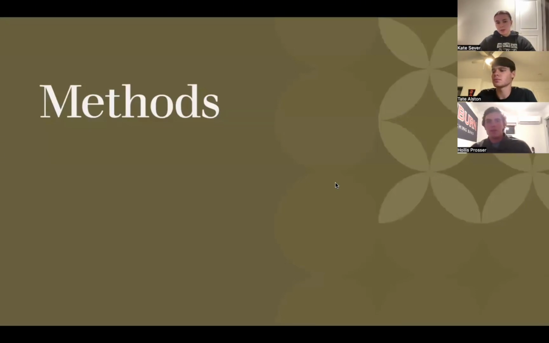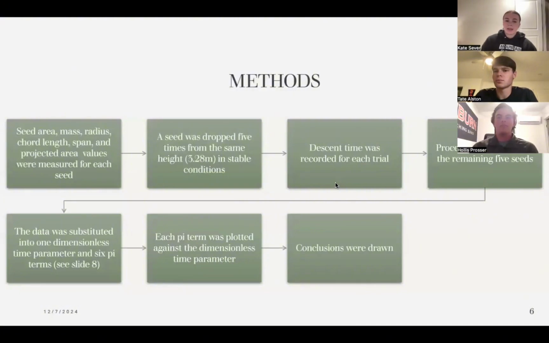Next, I'm going to talk about the methods we used for our experiment. We started by collecting the seed area, mass, radius, chord length, span, and projected area values for each of our 6 seeds. Then we dropped a seed from about 3.28 meters in stable air conditions for a total of 5 trials. We recorded the descent time for each trial and then averaged those.